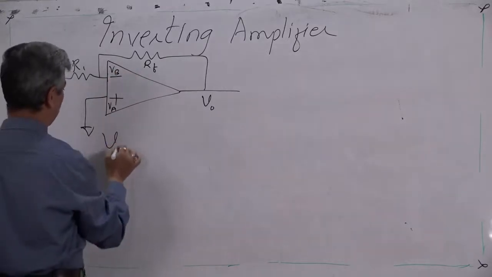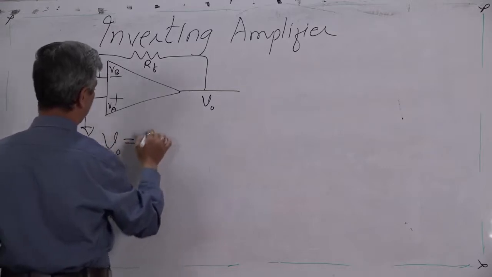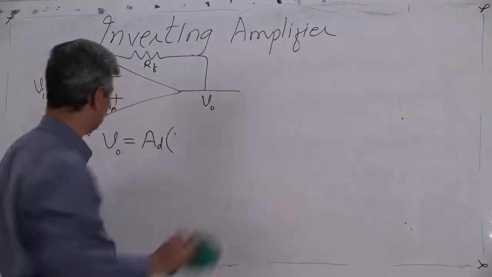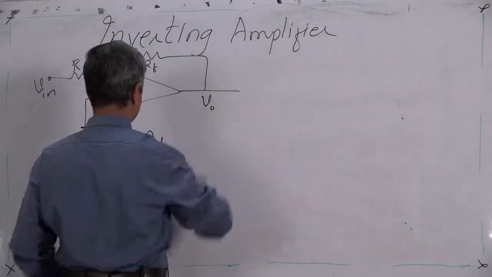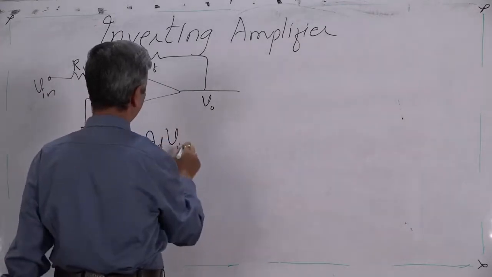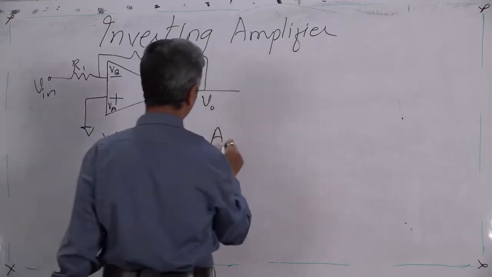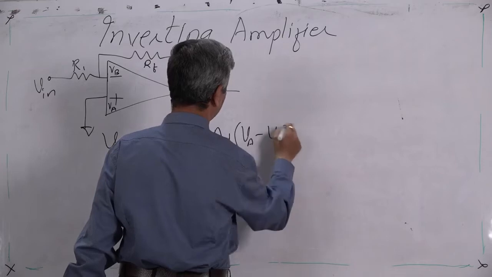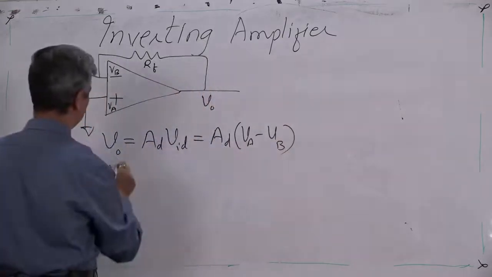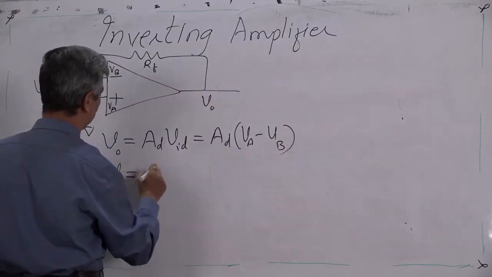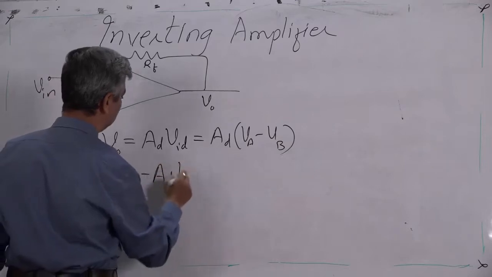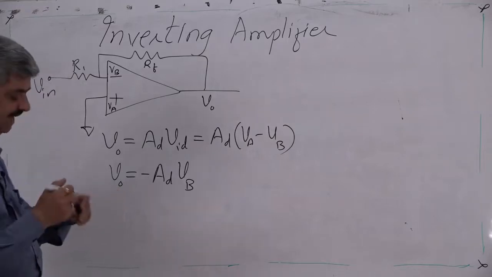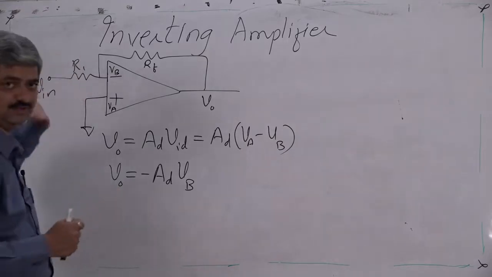The first formula of the amplifier: VO is equal to AD into VID, but VID is equal to AD into VA minus VB. In this case VA is 0, so the formula reduces to VO is equal to minus AD into VB. This is the formula for calculating output based on input difference.